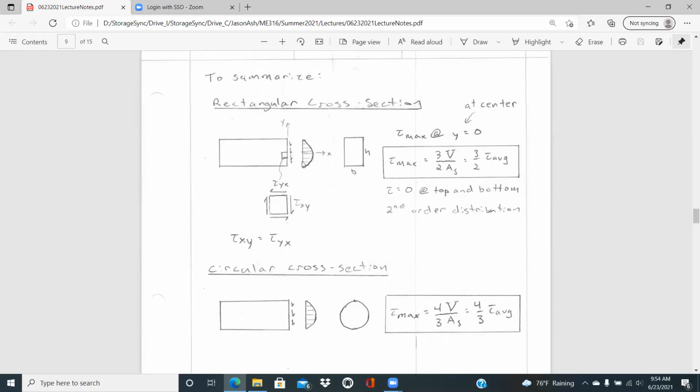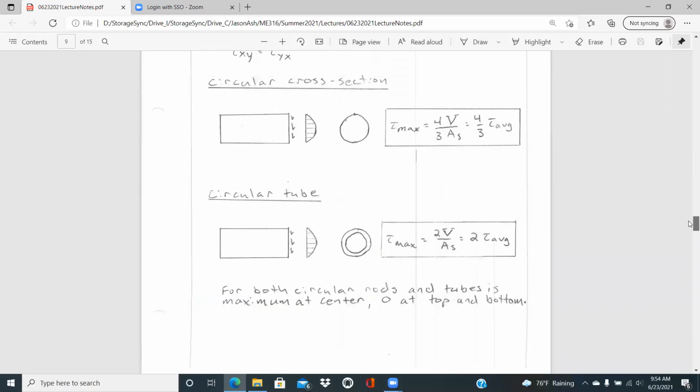The way they usually designate that is just by showing that polynomial second order relationship for that. This is for rectangular base times height. Again, tau max occurs at the neutral axis where y is equal to 0. And that is 3/2 times tau average. And then tau is 0 at the top and bottom.